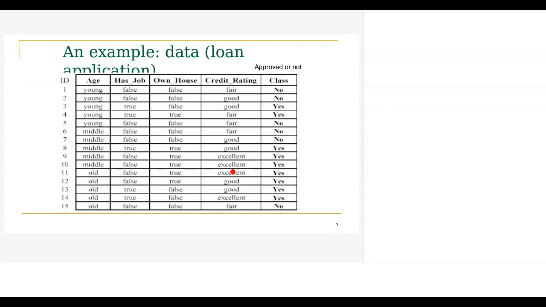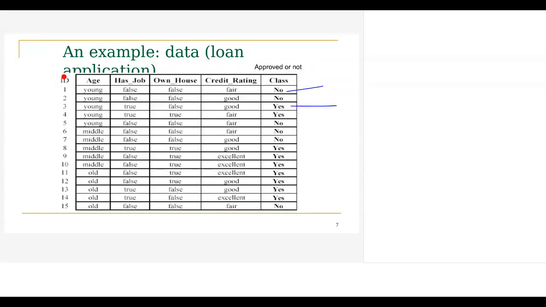This is an example of approved or not approved: a loan application with ID, age, has job, own house, credit rating, and class. For example, age is young, job false, own house false, credit rating fair: whether we are going to approve the card or not, no. Young, has a job, own house no, credit rating good: we can approve the card for him or her, yes, and so on.